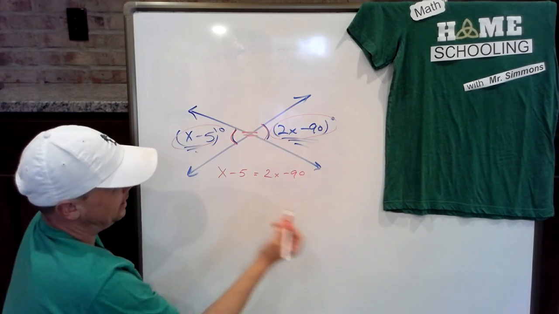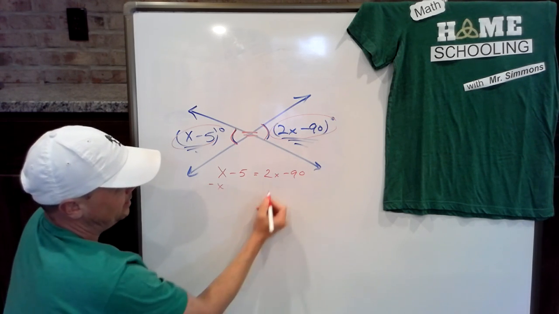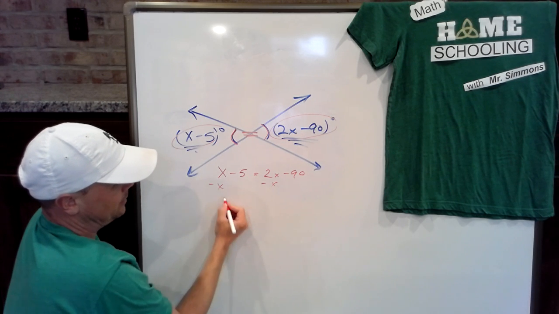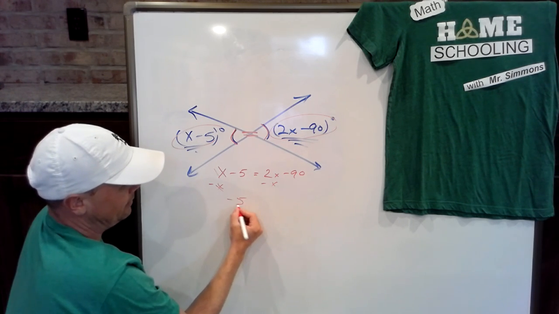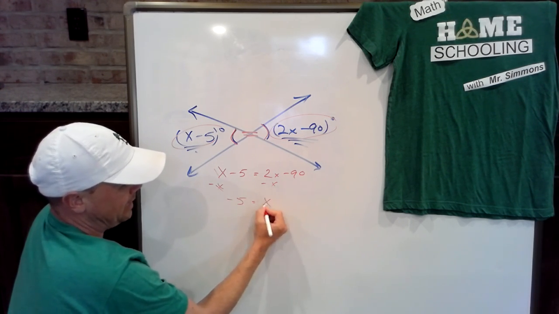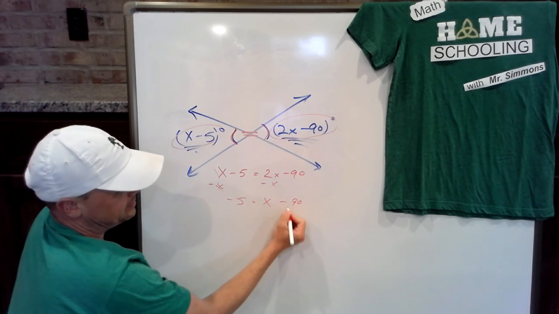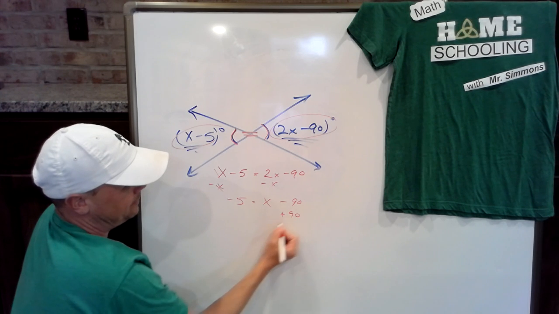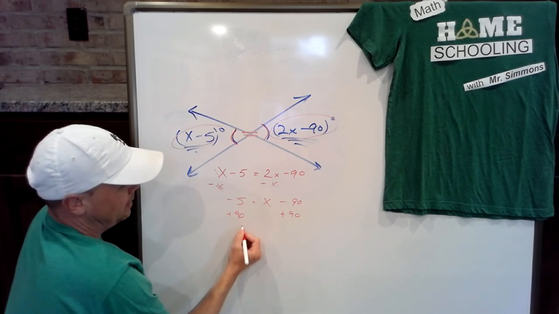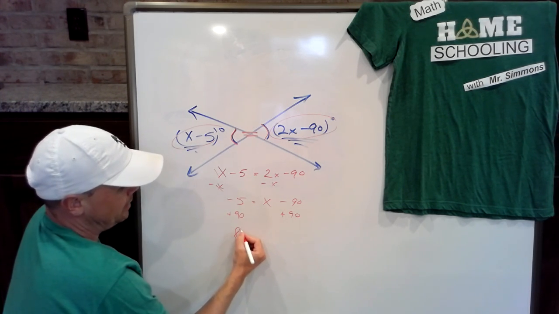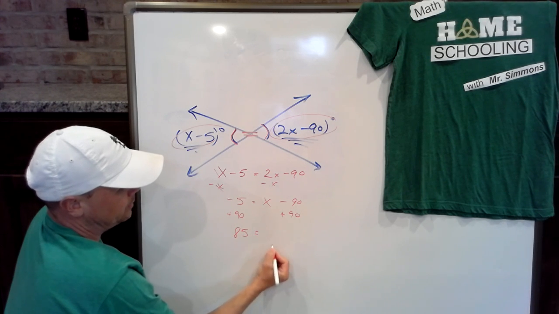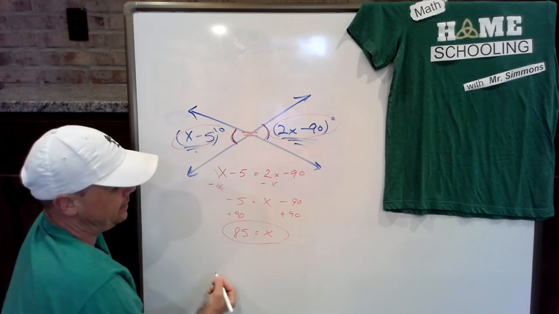I'm going to subtract an x on this side, subtract an x on this side. x minus x goes away, negative 5 on the left is now equal to x minus 90. Over here, I have to get rid of this negative 90, so I'm going to add 90 to the right, add 90 to the left. Negative 5 plus 90 is 85 equals x, so x equals 85.